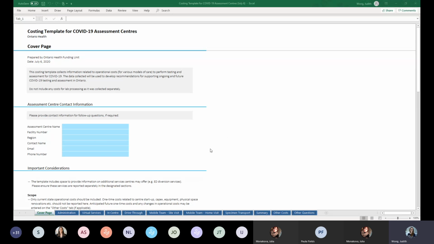So this template reflects broadly the diversity of models and services that we observed are offered across the different assessment centers that we interviewed. That means that your assessment center probably doesn't really look like what's in this template.